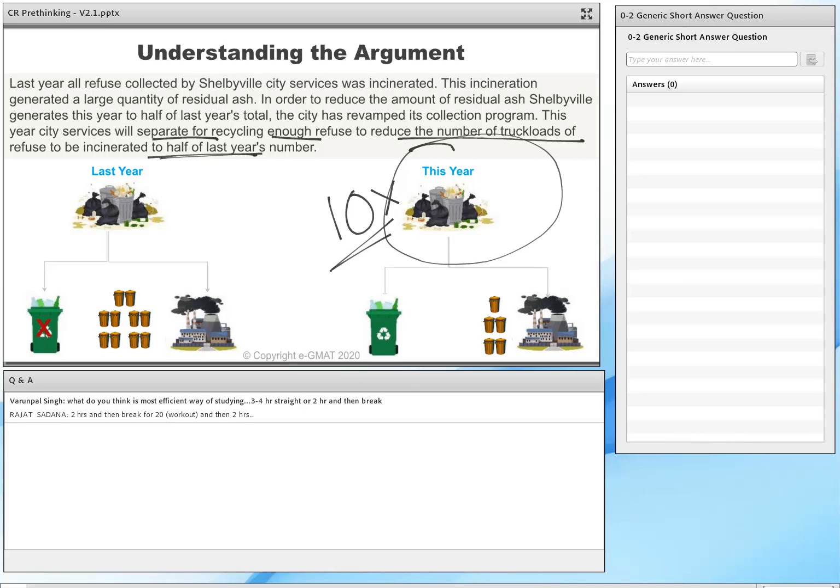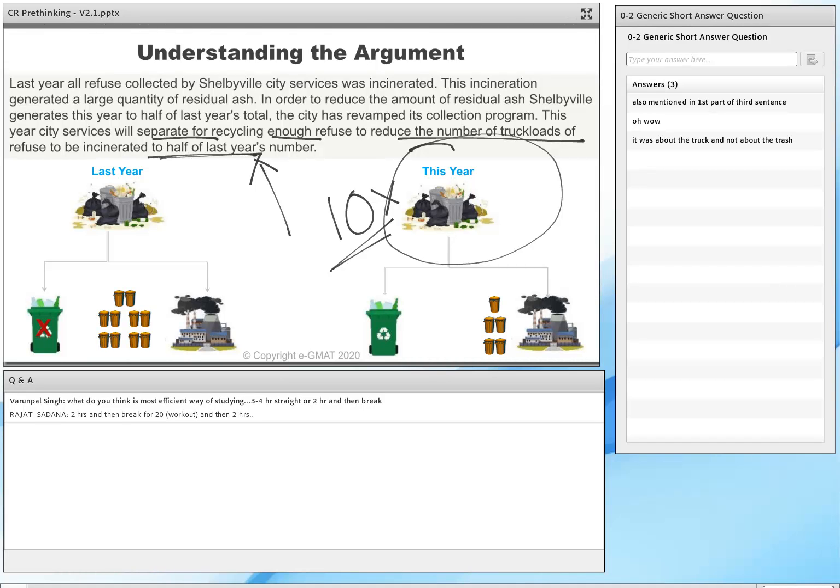What they're really saying is that regardless of how much refuse we collect, we're going to only send half as many trucks as we sent last year. That's it. Even if you collect 10 times, 15 times, 20 times, that's information that's given to you. Can you see that?